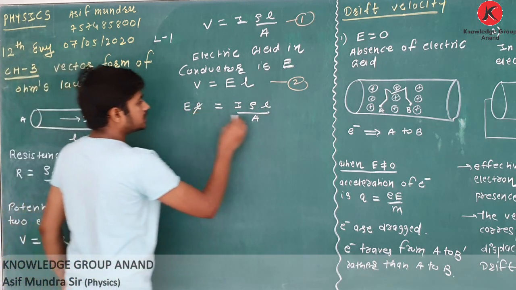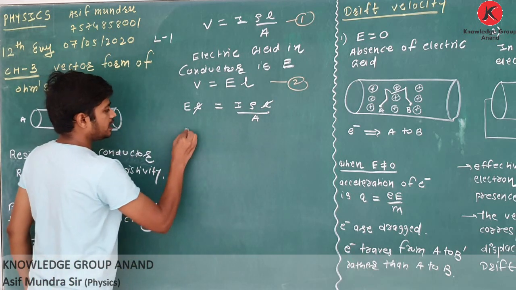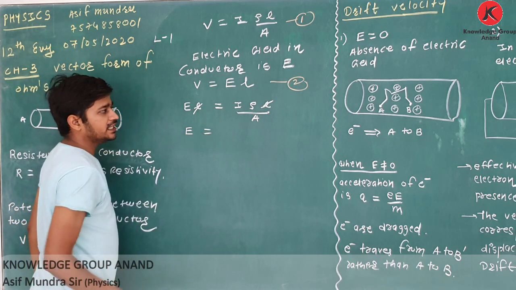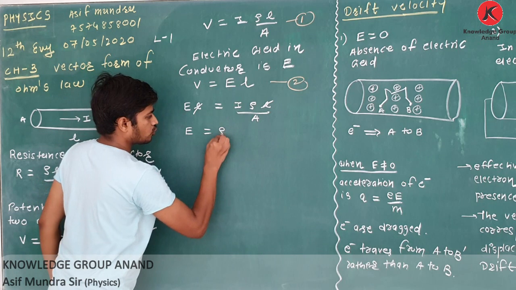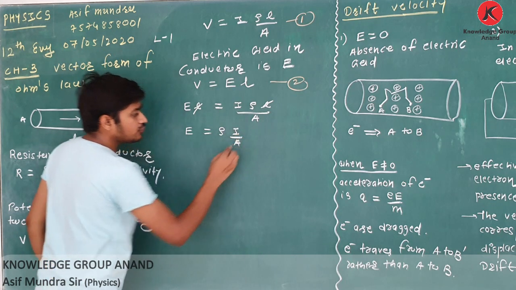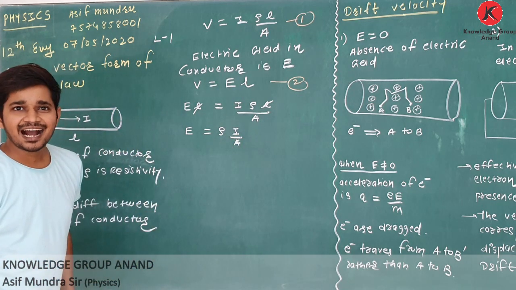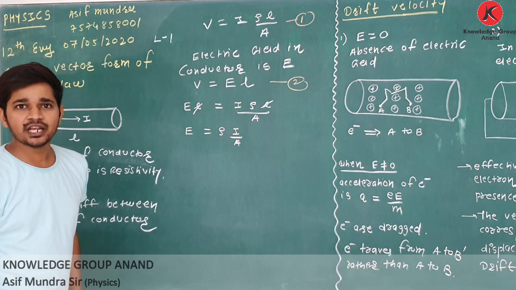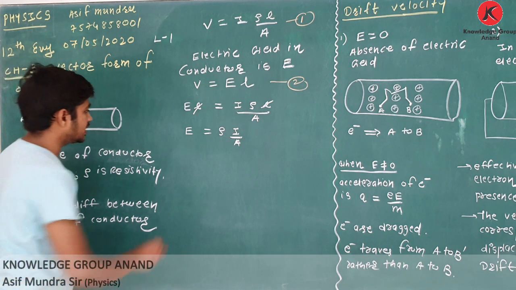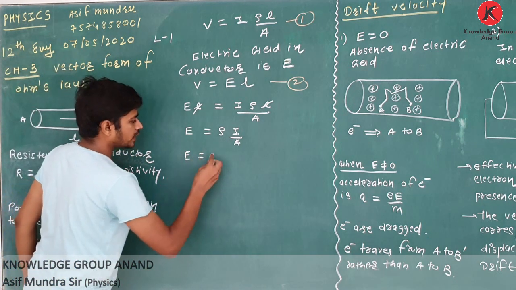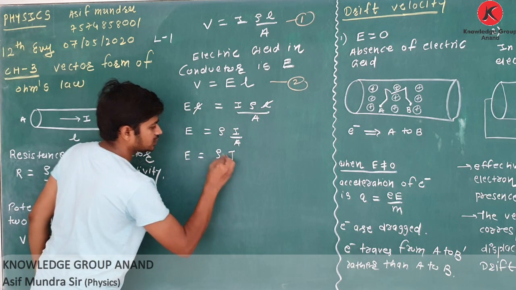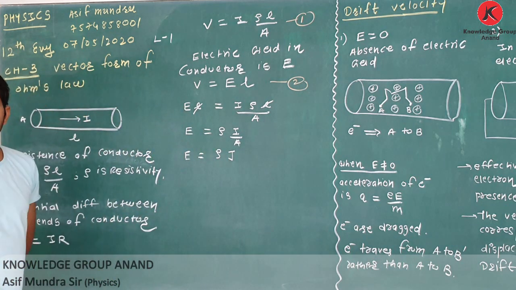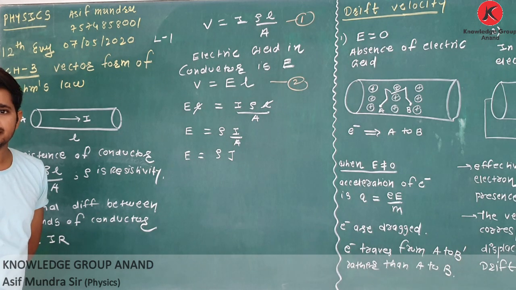L cancels, so E is equal to rho I upon A. Now, I upon A, current upon area, is called current density. So E is equal to rho J.